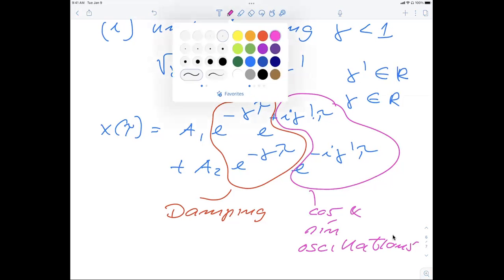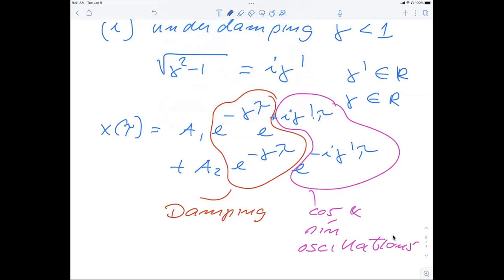So now that we've gotten quite ambitious and we see that we can actually solve the problem, we could say, hey, what happens when gamma is equal to 1? By the way, we can always rewrite these equations in terms of cosines and sines if you want to.